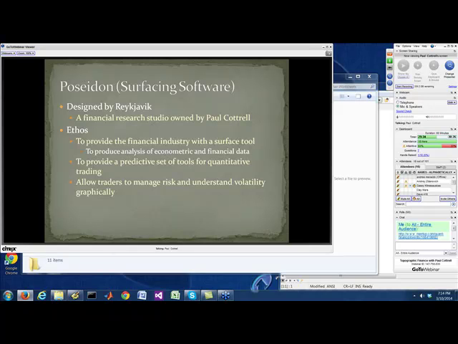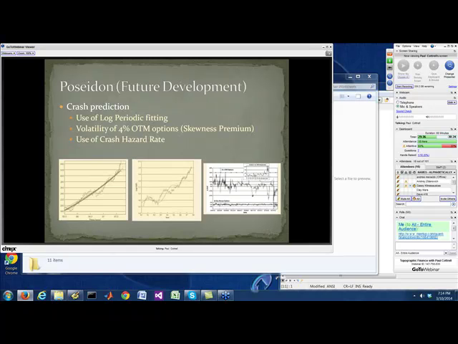Now, a little bit of the future development before I show you what the current development is. This kind of ties into this complexity science that I was talking about a few slides before. Poseidon is moving towards the direction of crash prediction.